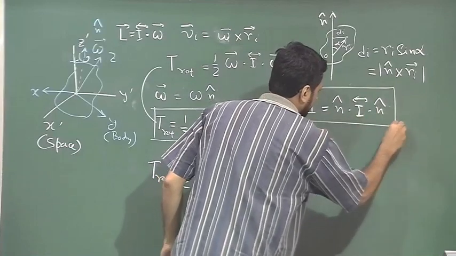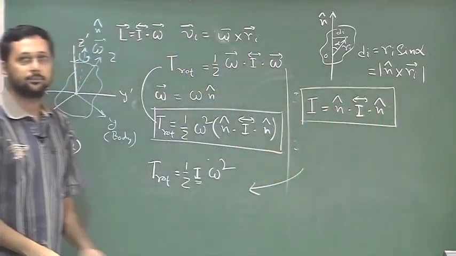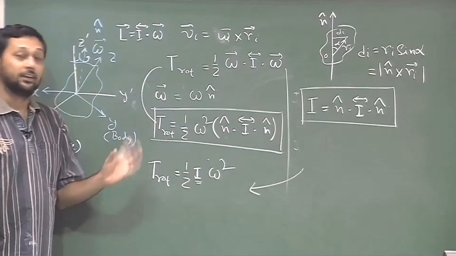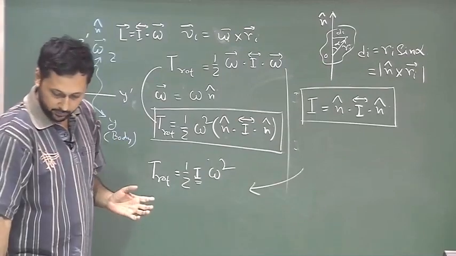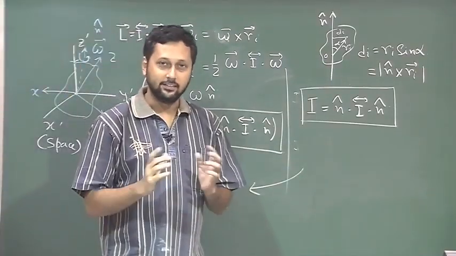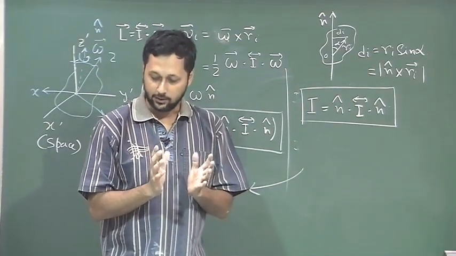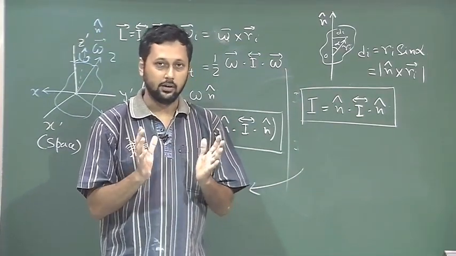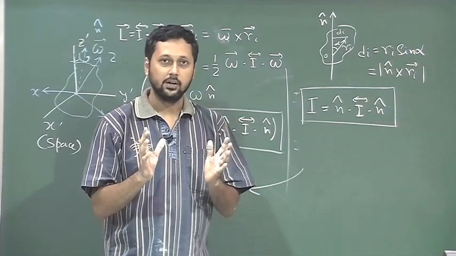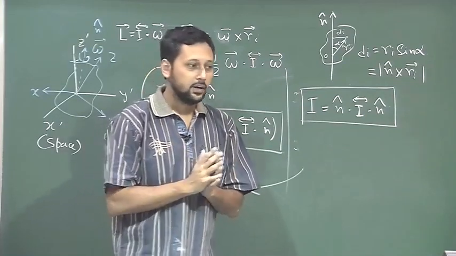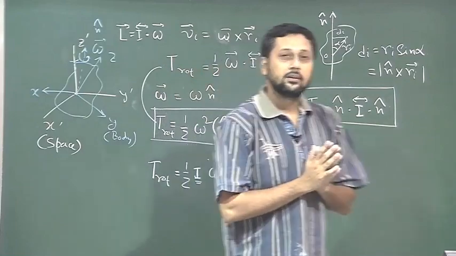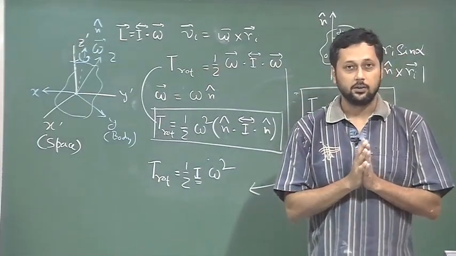Now, this is a very important result. What does it signify? See, what I told you in the last class, I told you that a tensor essentially contains all the information we need to know about a particular property. If it is a polarization tensor, then it tells you everything about the polarization of that particular system.